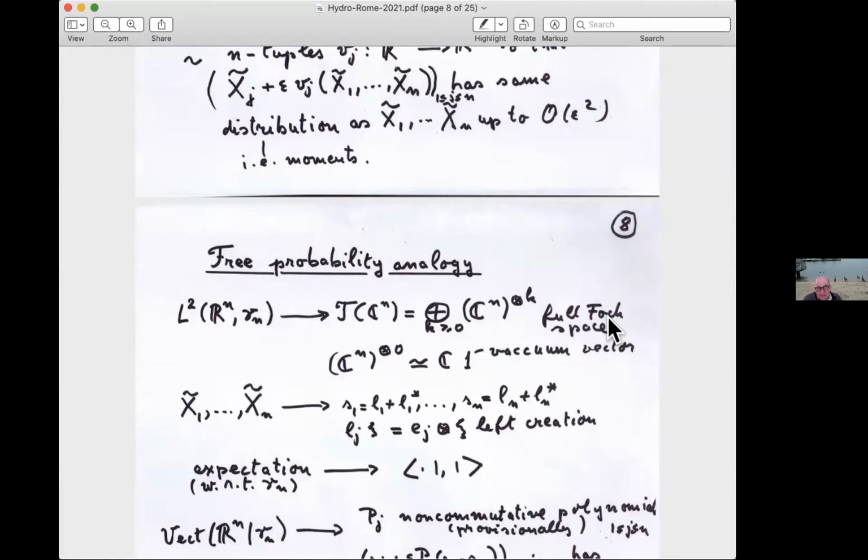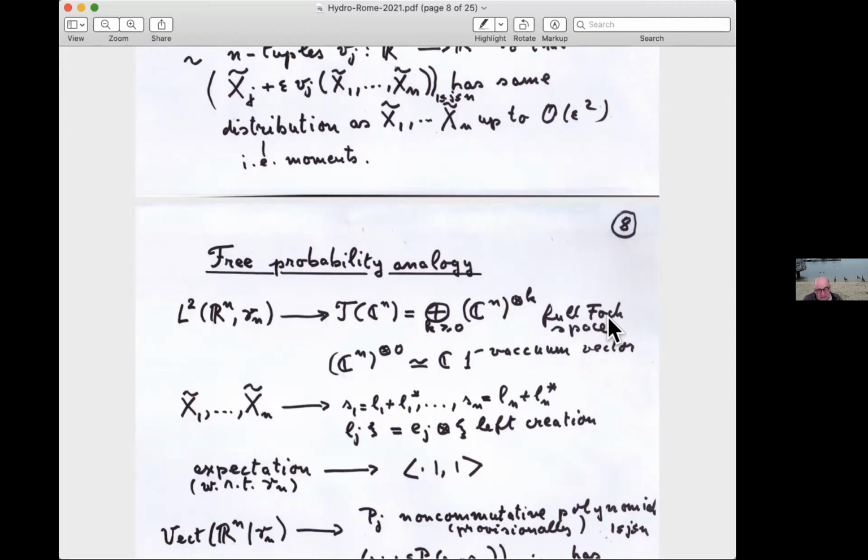X1 twiddle, Xn twiddle, the Gaussian random variables correspond to these left field operators. Lj is a creation operator on the left. So it's Xi goes to Ej tensor Xi, where E1, En is the canonical basis in Cn.